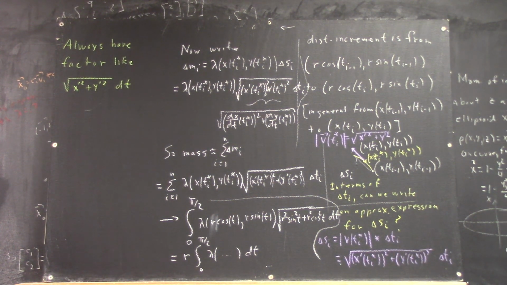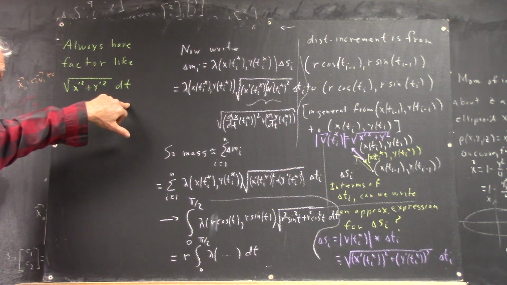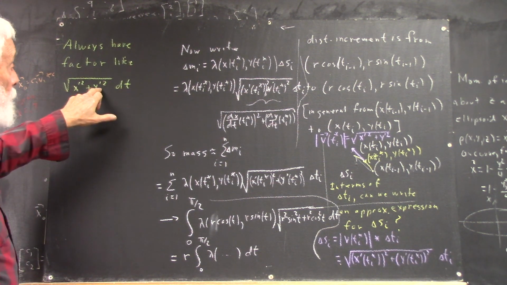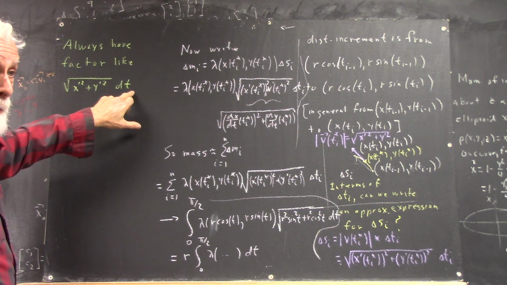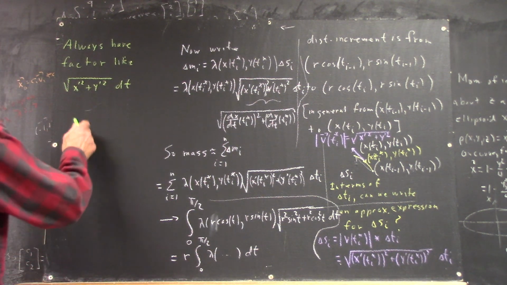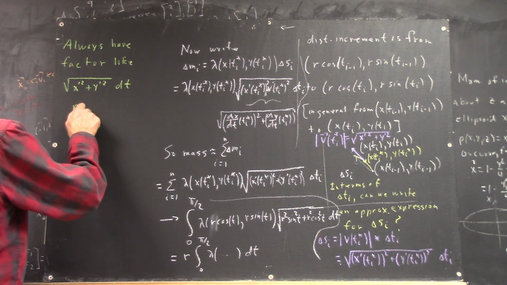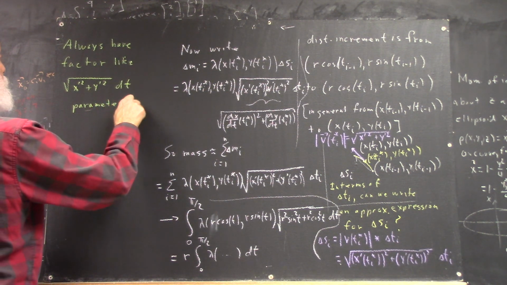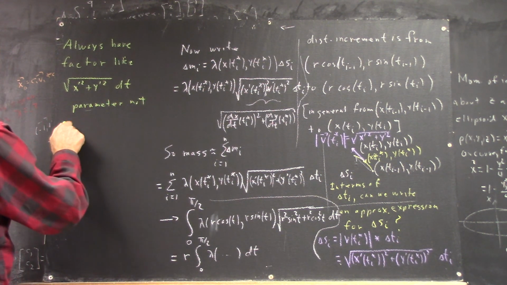Couple of comments. You always have a factor like this, except your parameter's not always t. The derivative, though, is always with respect to whatever your parameter is, right? So the parameter is not always t.